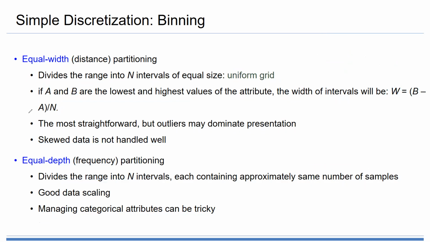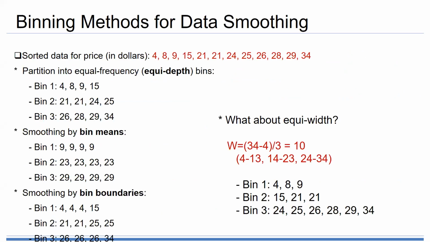So let's see the example. With the binning methods, we can do data smoothing. For example, this is data for price, and we are sorting the data. Let's say the data is in dollars. So we have 4, 8, 9, 15, 21, 21, 24, 25, 26, 28, 29, and 34.